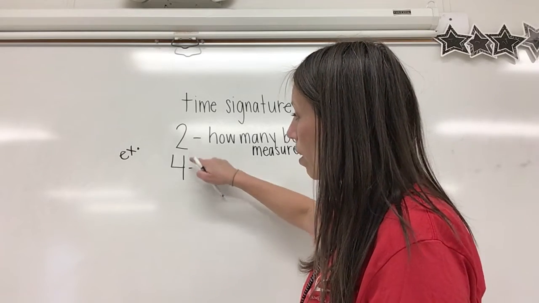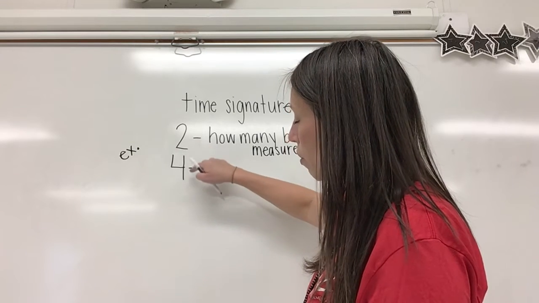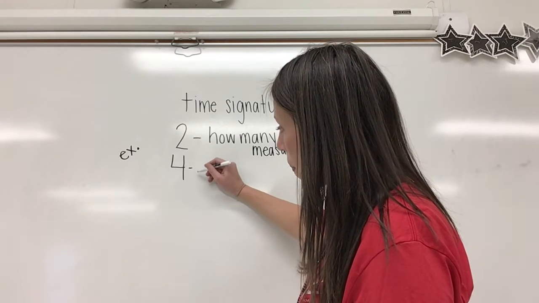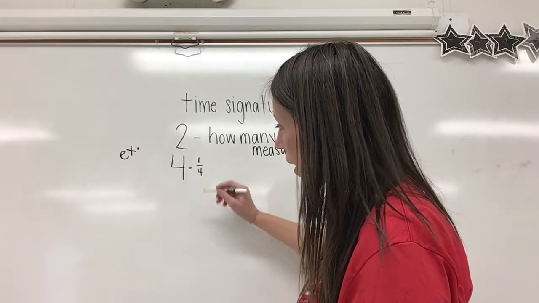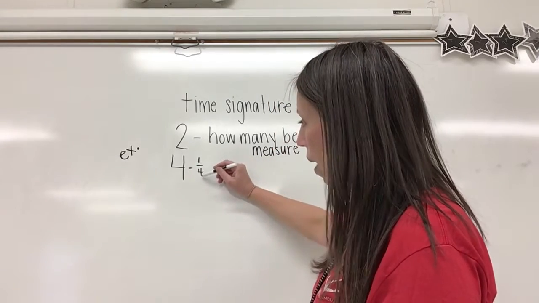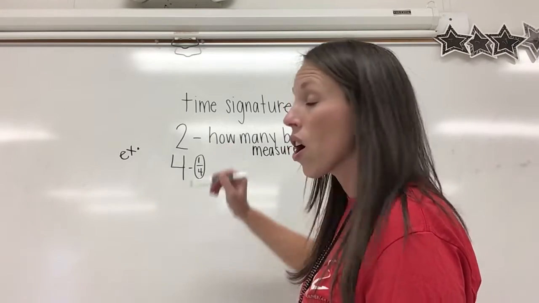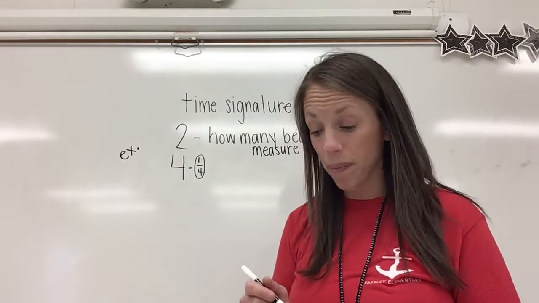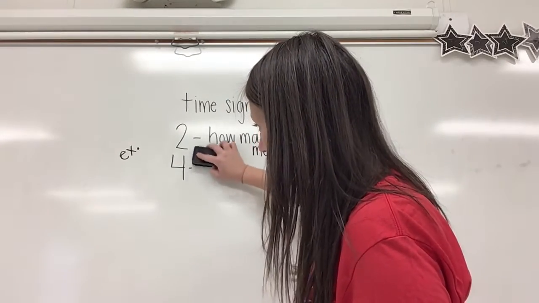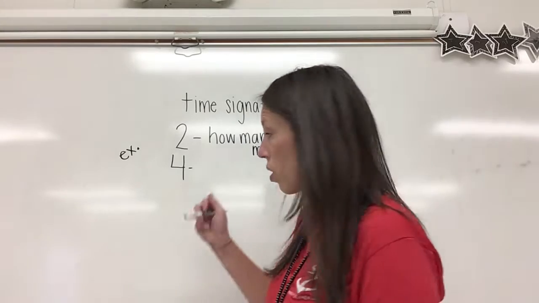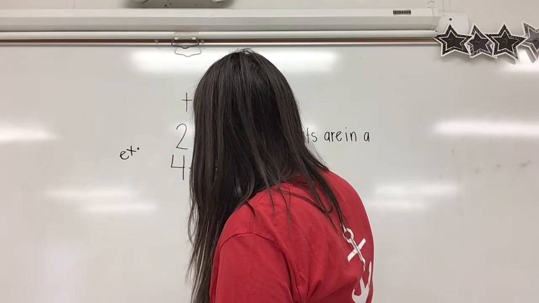If we turned this 4 into a fraction, it would be 1/4. Since the 4 is on the bottom, we keep that 4 in the denominator spot. So, a fourth is a quarter, right? A fourth is a quarter. So the 4 tells us that a quarter note gets the beat.